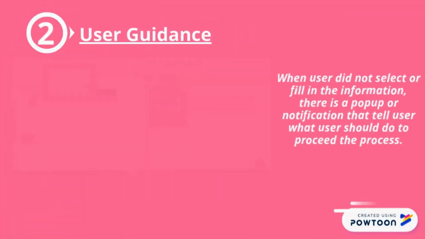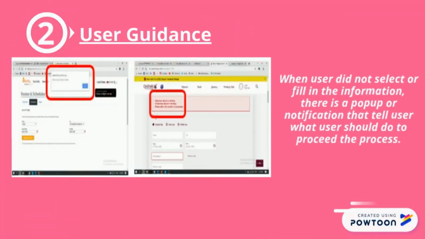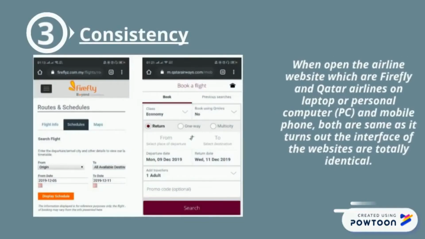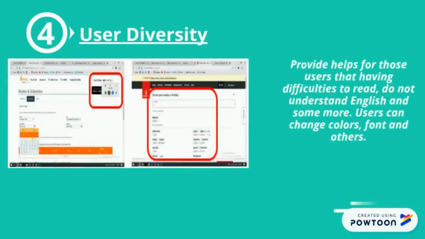User guidance means the website will guide the user through the process. Consistency means that when the user opens the website using a mobile phone or PC, both are identical. User diversity means the website will help users who need help.